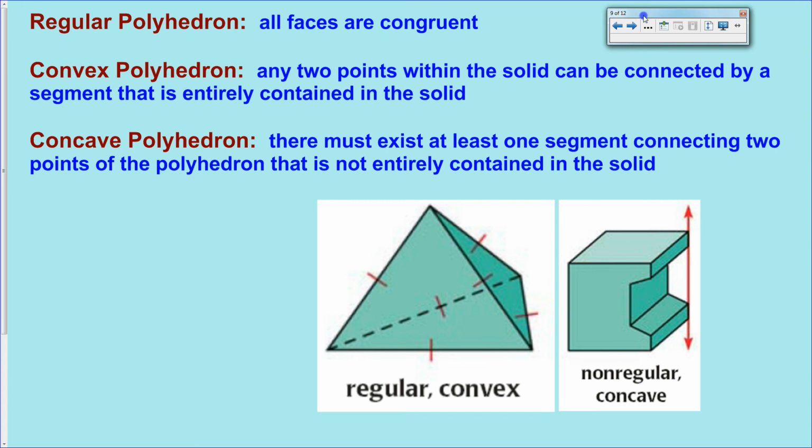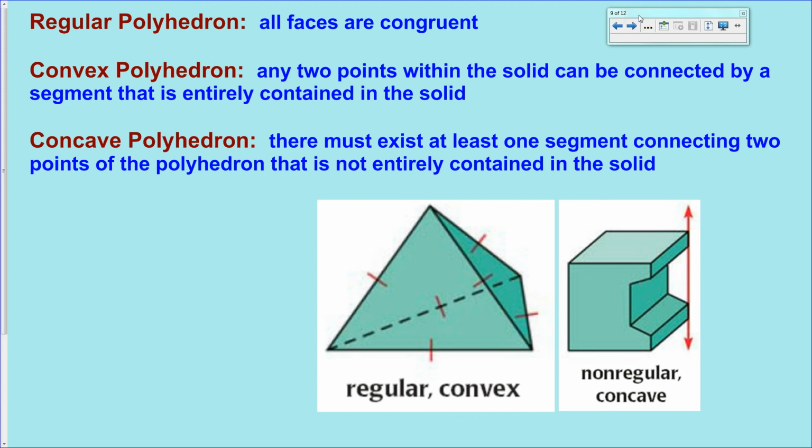Next, a couple of vocab words again. Regular polyhedron: all faces are congruent. So this doesn't restrict itself to the same number of faces intersecting at a vertex. So that creates a whole new class of polyhedra in addition to the Platonic solids.